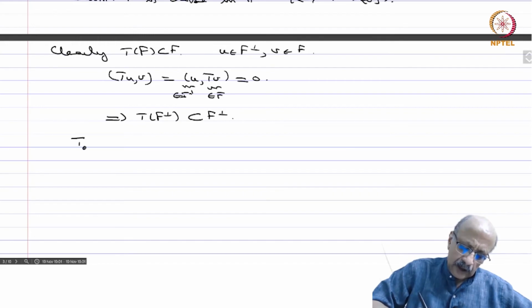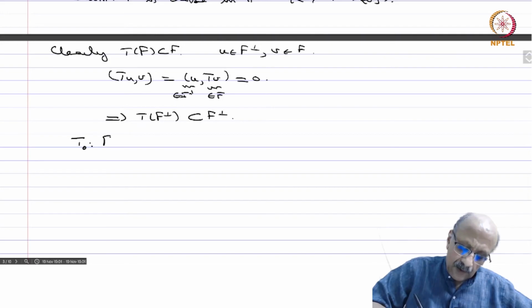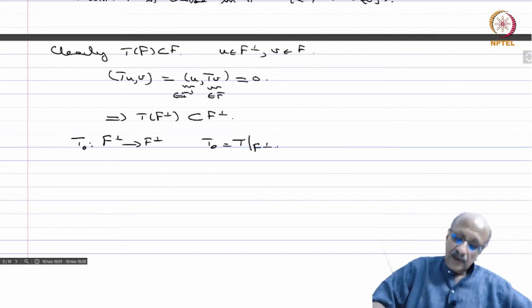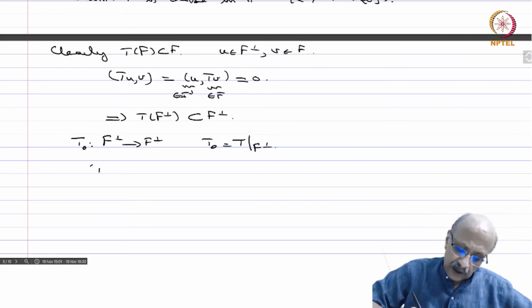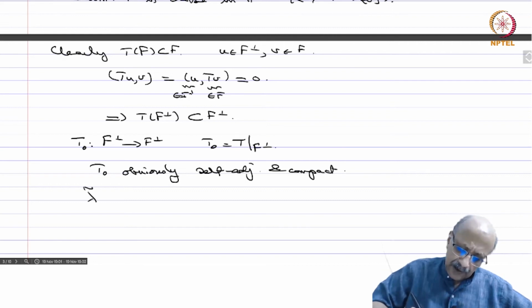So now you take T_0 from F perp to F perp, T_0 equals T restricted to F perp. Okay, so this T_0 is obviously self-adjoint and compact. So let lambda tilde not equal to 0, lambda tilde belong to sigma(T_0).